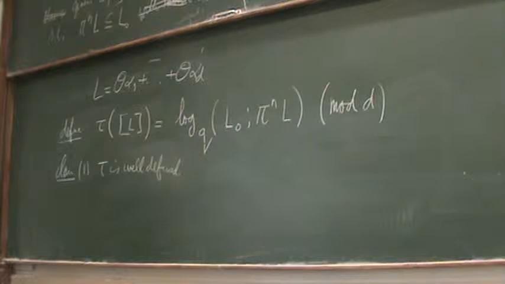And it doesn't matter. The fact that one of them was pushed by another pi makes no difference. I already mentioned that. The differences in the indexes are by a factor of q to the d. If I take log, it means addition of d, which means that mod d, it's well defined. Is it clear? I don't think I have to write it down, right? So tau is well defined.